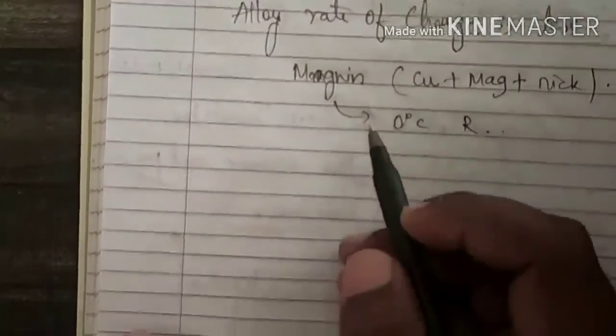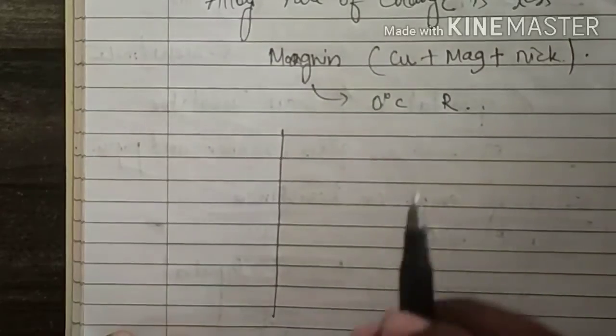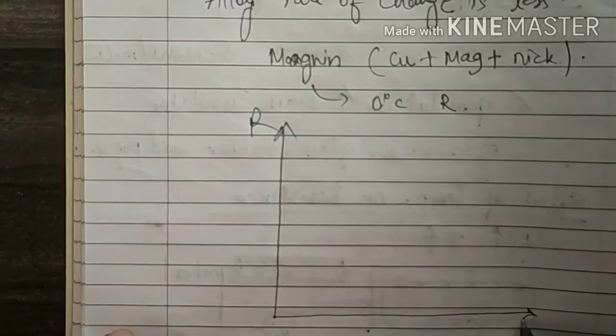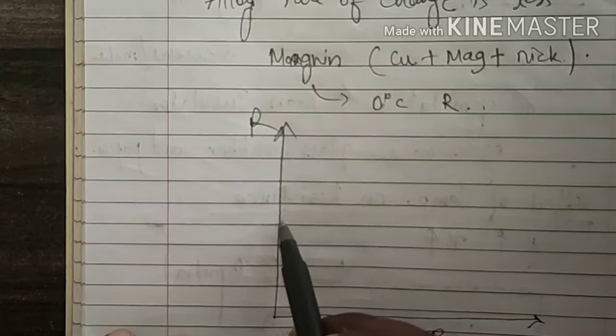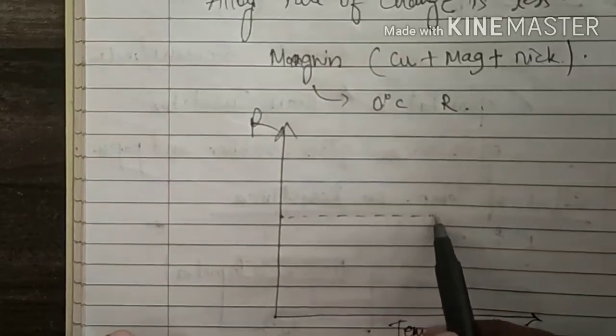So it has one graph also. It denotes the resistance and the temperature, then this is my ideal value.